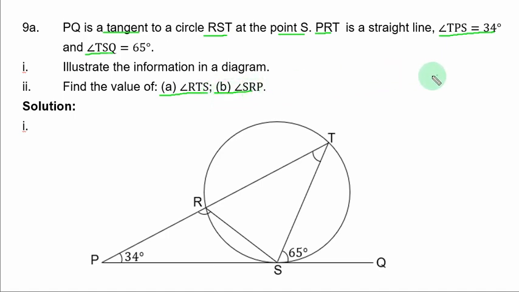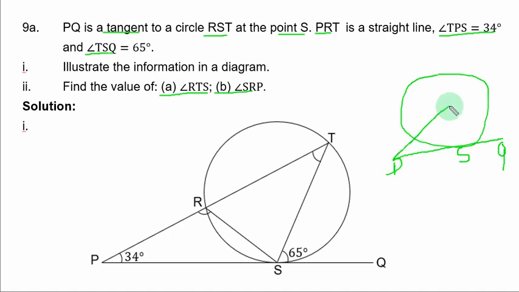So you have a circle. Now PQ is a tangent, so you have the point of contact is S, so this is P, and you have a Q somewhere here. You have it that PRT is a straight line.